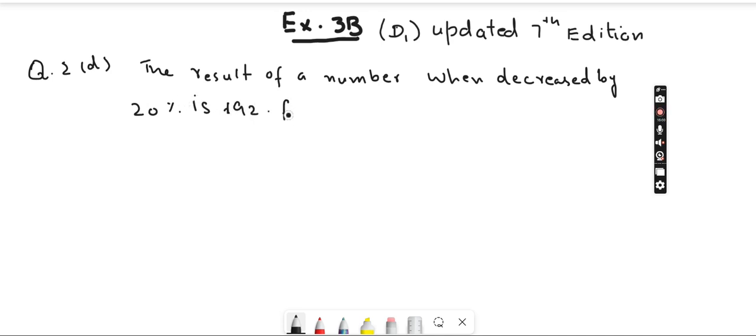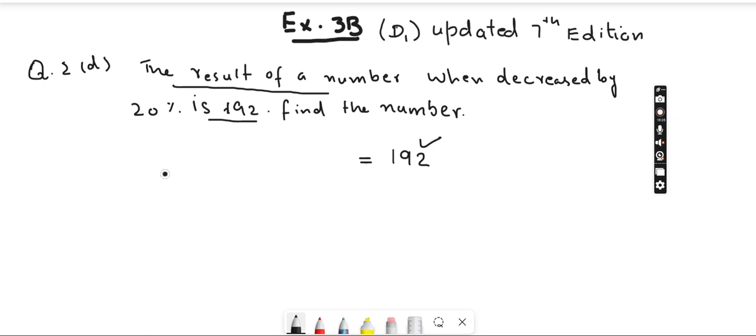Find the number. We have to find the number. This is even very much easy. The result of a number is 192. It is given. Whenever they talk about a result, this is the answer which comes after equal to sign. So you'll write 192 here.